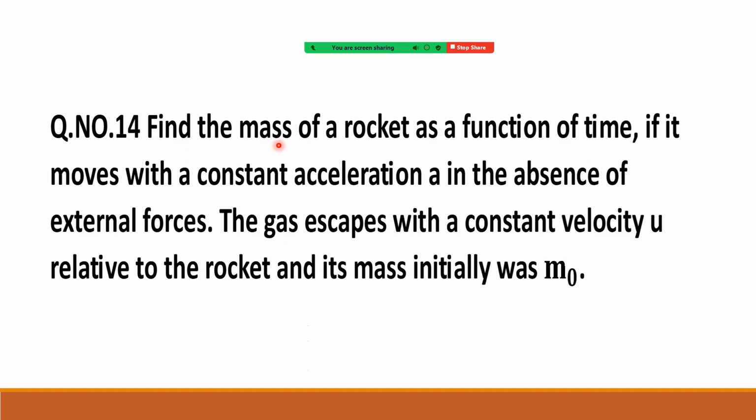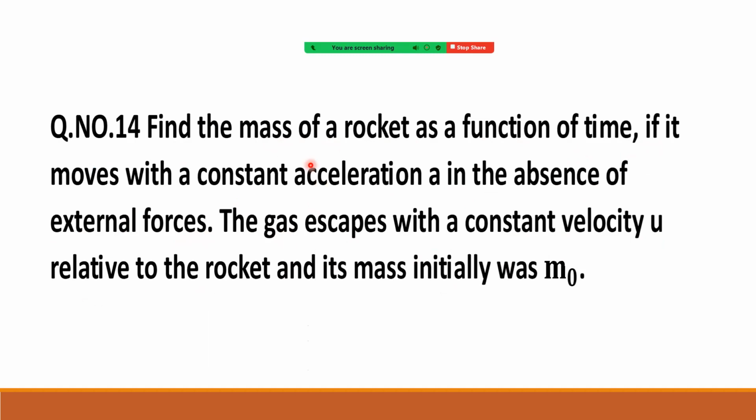Find the mass of a rocket as a function of time if it moves with a constant acceleration a in the absence of external forces. The gas escapes with a constant velocity u relative to the rocket and its mass initially was m naught. This question is taken from IRODOV.